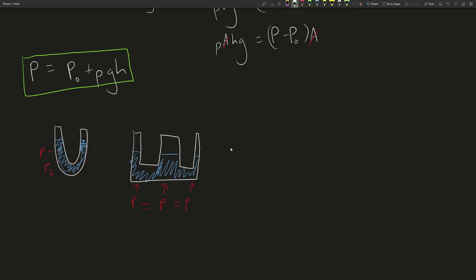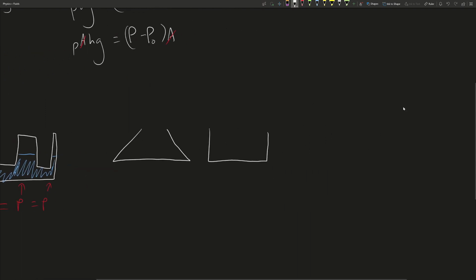So when we have a tricky question is if the pressure is the same, let's consider 3 containers. One shaped like that, one shaped like that, and we have the last container shaped like this.